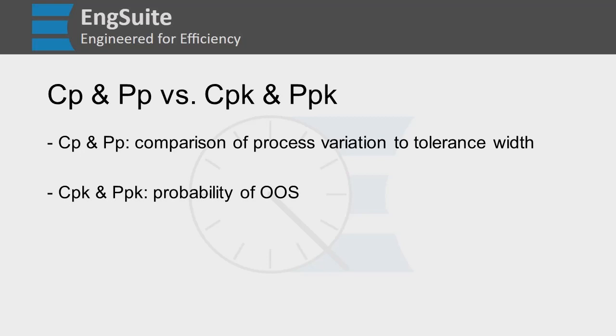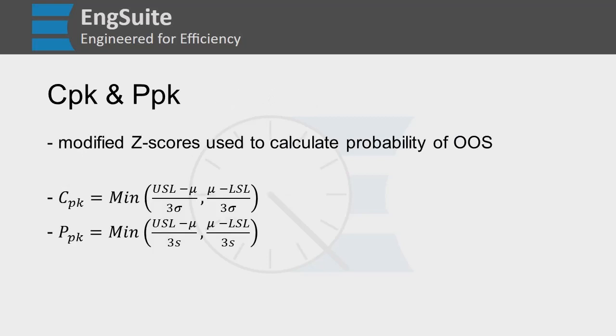But you can have a passing CP and PP, like an incredibly high value for each of them, and still fail capability. Because in general, we mainly care about CPK and PPK, because that's your actual probability of an out-of-spec condition. So what do I mean by that? Well, if we look at CPK and PPK, they're actually modified z-scores.